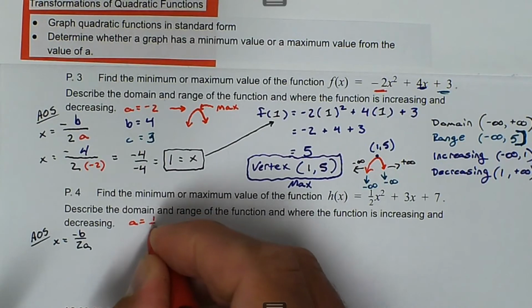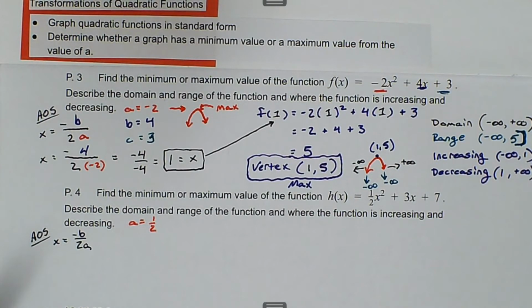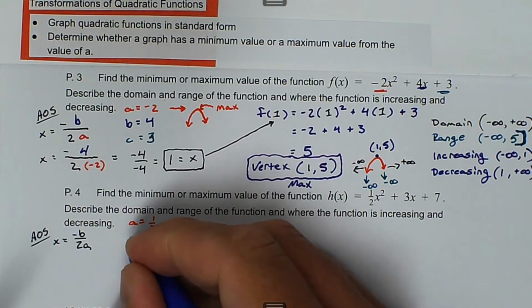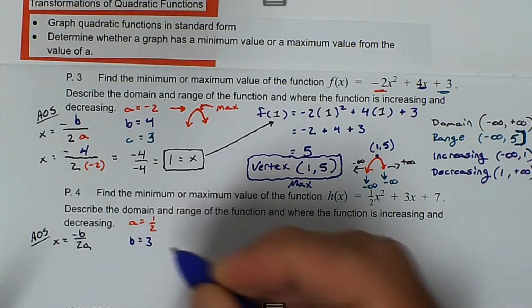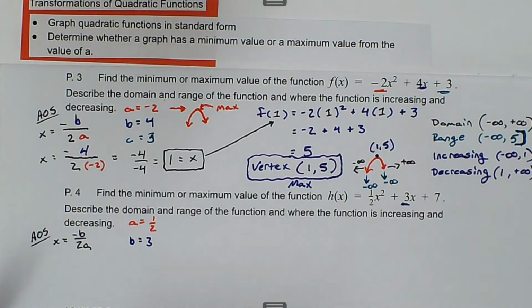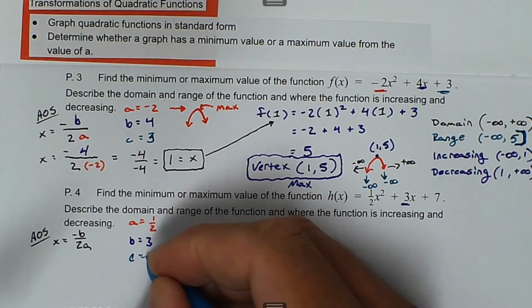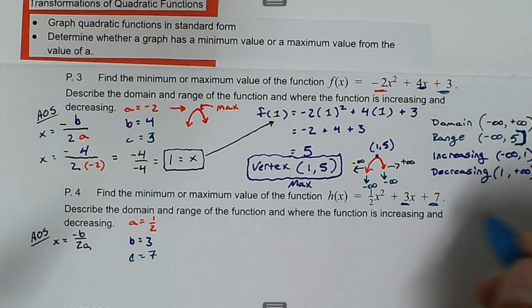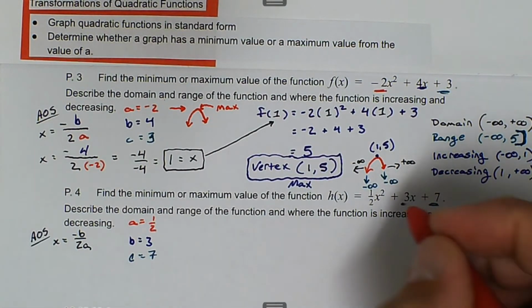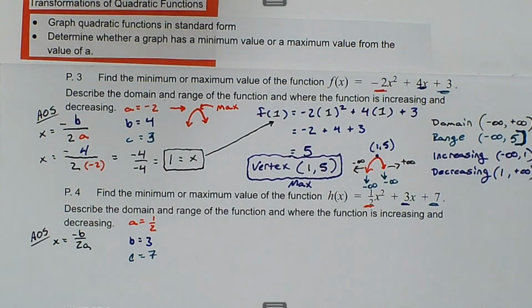And then we substitute our values in. So a is equal to 1/2. B is equal to 3. And C is equal to 7. Right away, we have a is equal to 1/2.